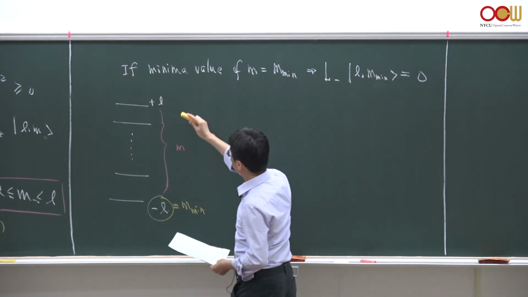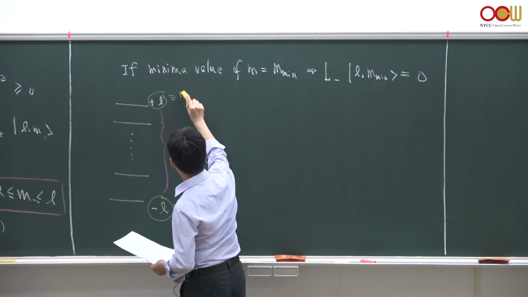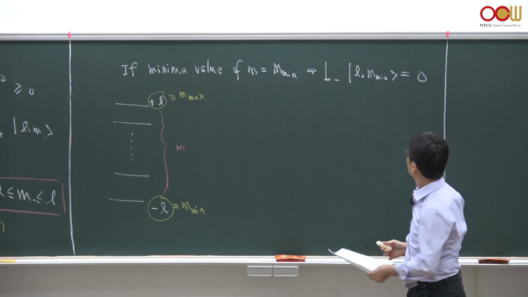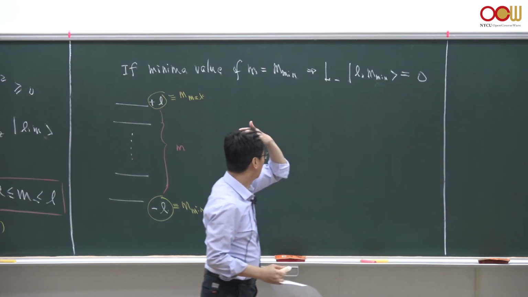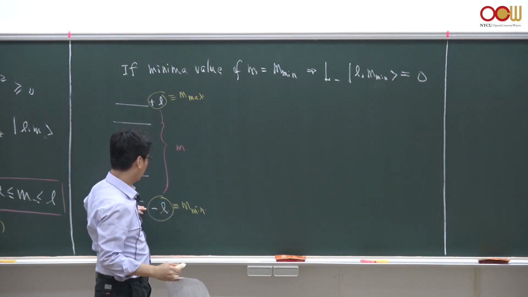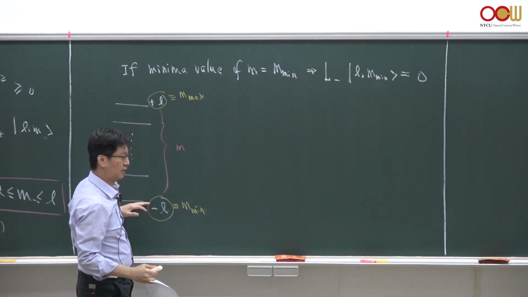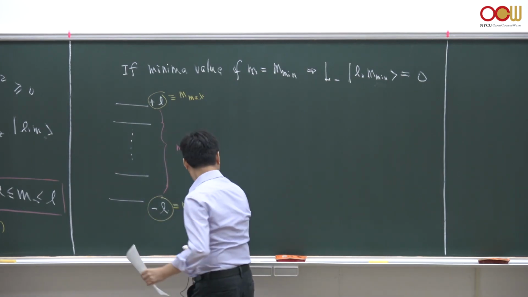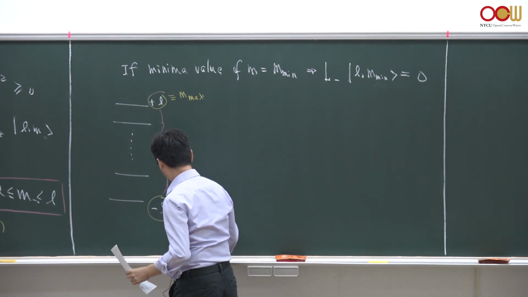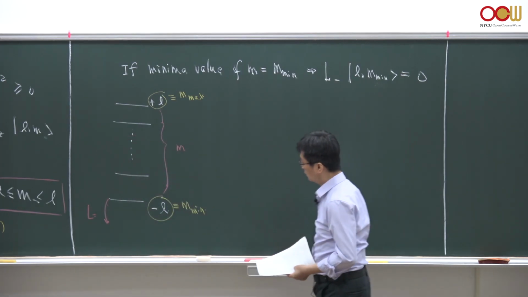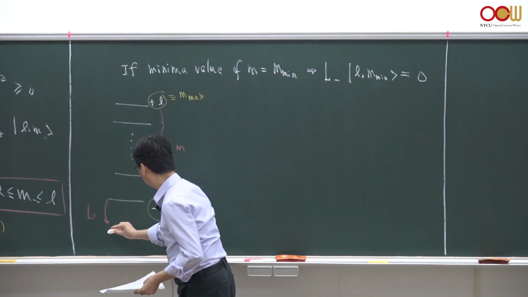Of course, the maximum value of m is m max. Suppose we simply would like to go to the basement. So this is our ground state, right? Minus L stays the ground state. So there is no basement to go, which means that suppose we apply this L minus on this minimum of the ground state, we cannot go to minus 1.